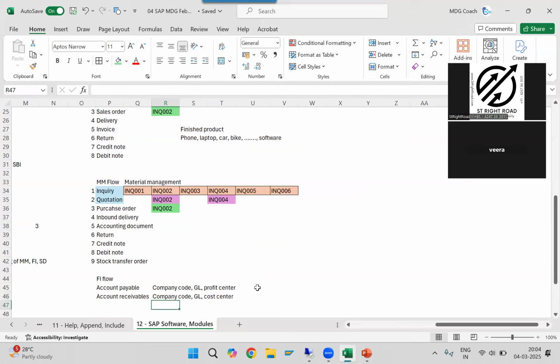Profit center and cost center are directly connected with the GL account. GL account is nothing but a branch. From one branch, they are going to map to a GL account. So GL account for daily wages, they are going to pay from one GL account, salaries, another GL account, salaries.